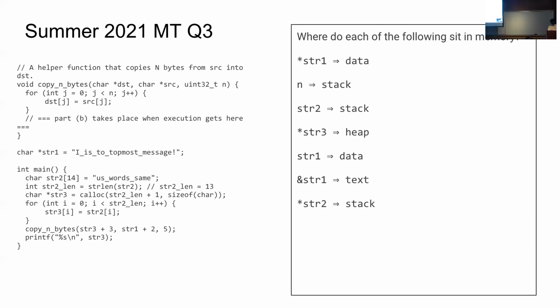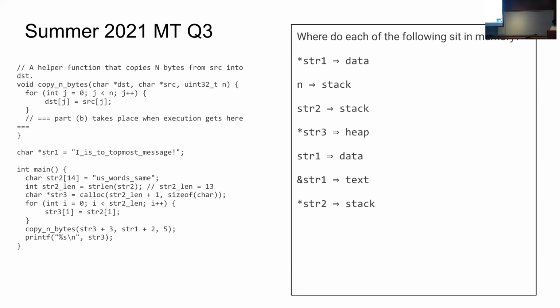And if we use array notation, then we know it's in the stack. Stir3 is allocated using calloc. So for any variable using those functions, malloc, calloc, realloc, it will be in the heap.